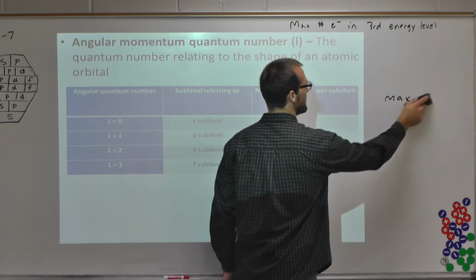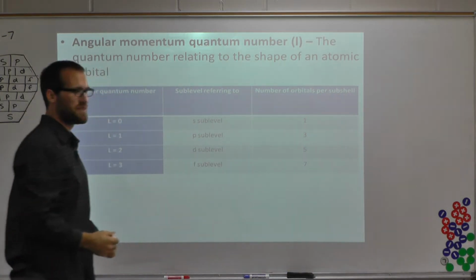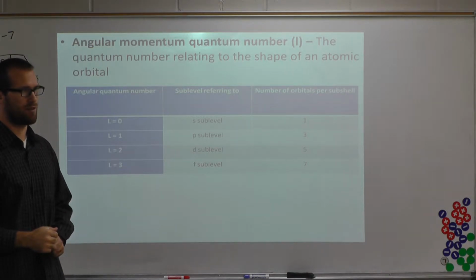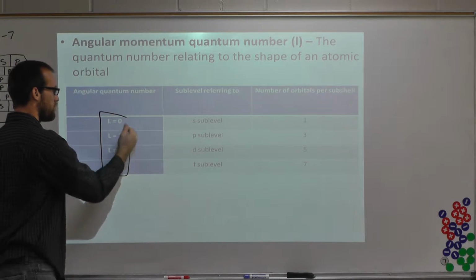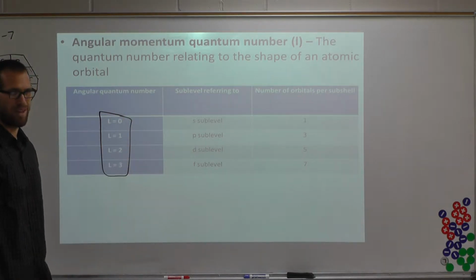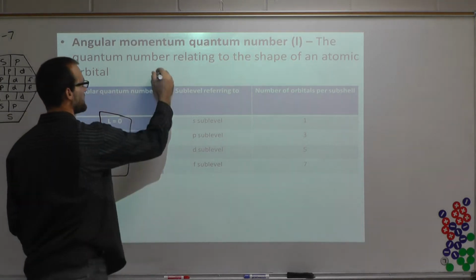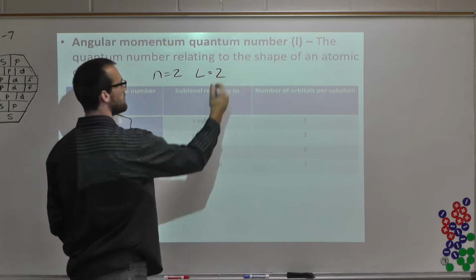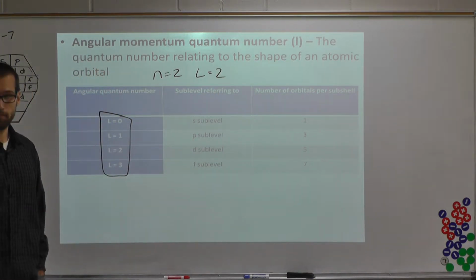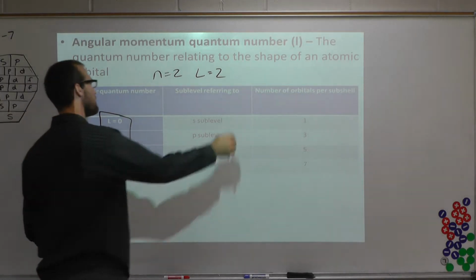Now, the difficulty that you're going to run into is your book is not going to say, hey, here's the sublevel. It will tell you the quantum angular momentum. So let me explain what I mean. Your book might say, what am I referring to if I say N is 2 and L is 2? That's not possible.